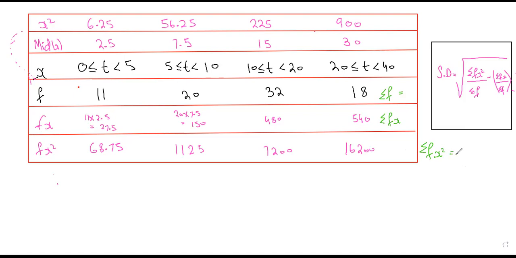This is going to be 24,593.75. Forget about it. We can write it down as 24,594.